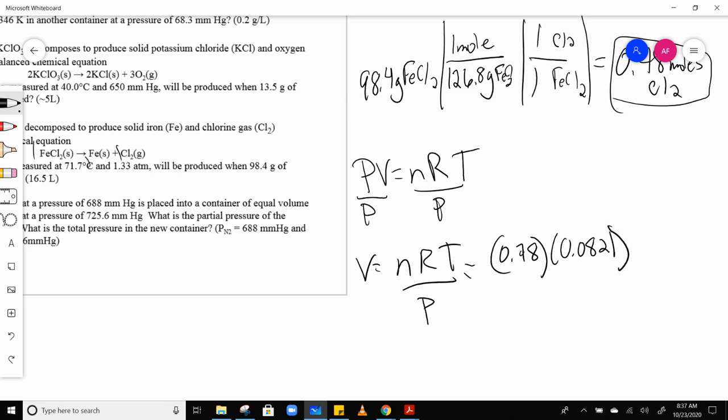T was in Celsius, so we have to add 273. So 71.7 plus 273, and we get 344.7.